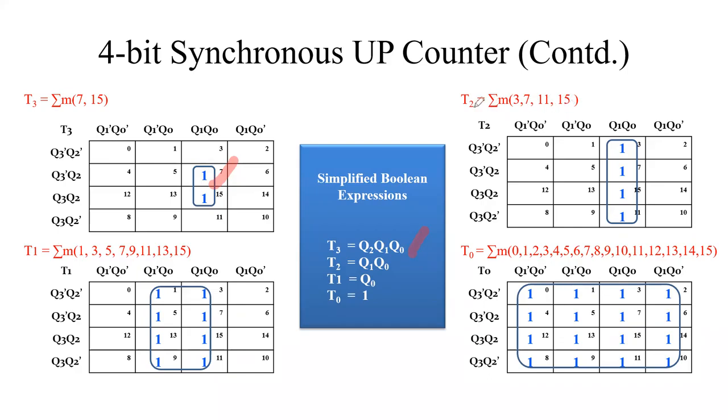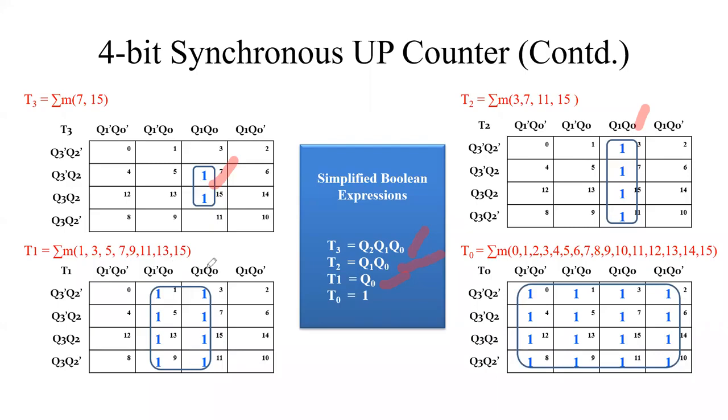Next T2. T2 is 3, 7, 11, 15. From this, the common variables are Q1, Q0. So Q1 Q0 is the T2. In the same way, T1 is equal to Q0. From the entire 8 squares, we get the function Q0. Why? Because Q3 and Q2 are completely varying here, and Q1 is varying too, since Q1 is complemented in some places and original in others.